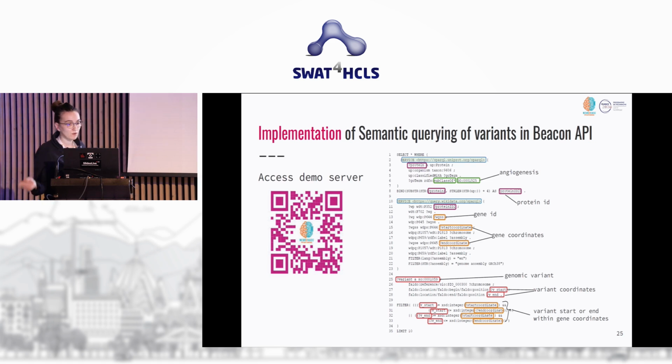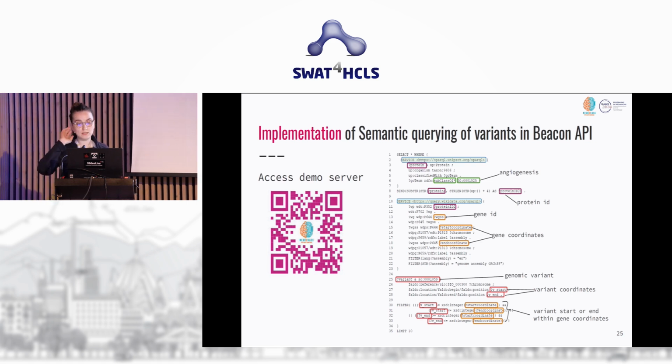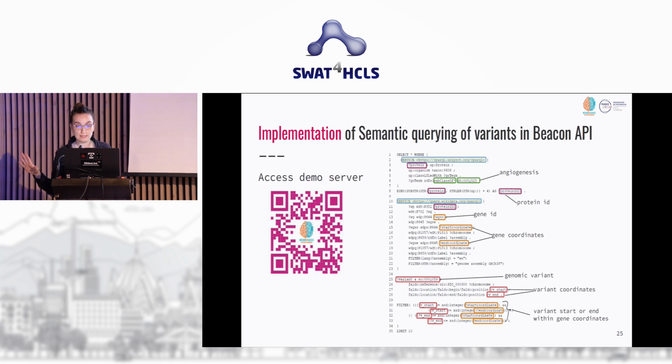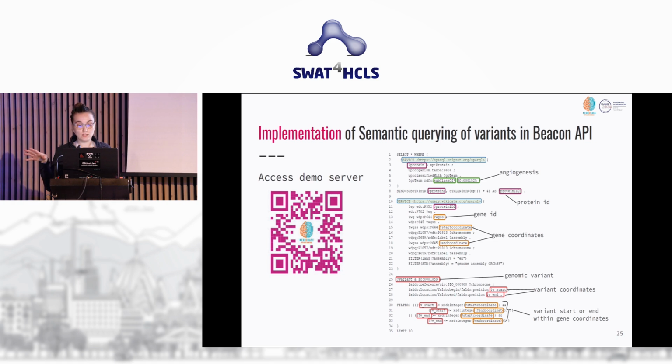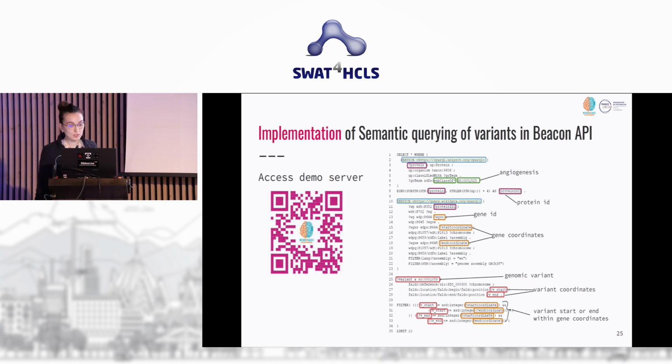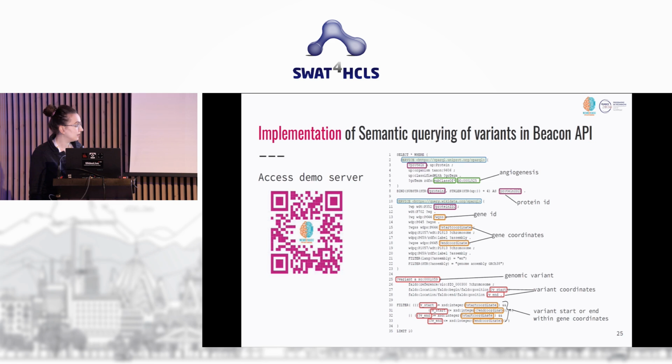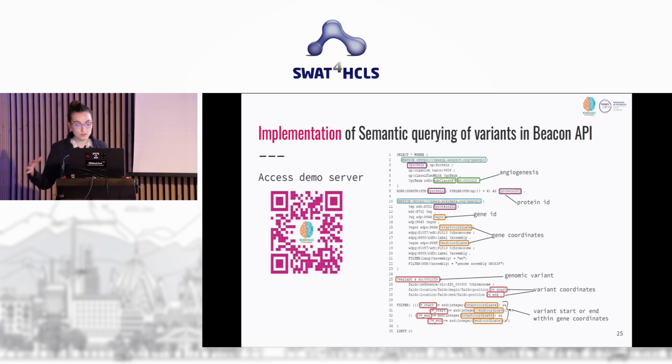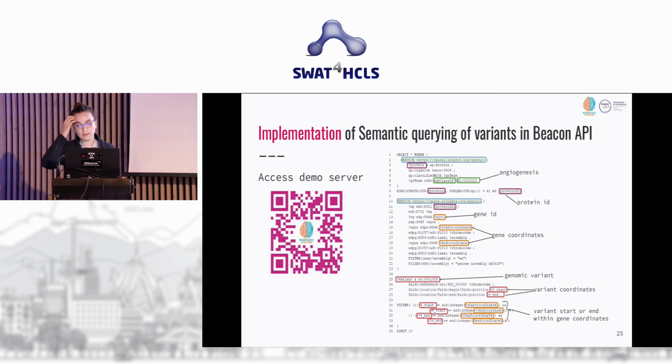Everything from line 1 to 23 is the green portion that was already possible thanks to existing solutions: just retrieving the gene coordinates of genes coding for proteins involved in angiogenesis. And then we additionally retrieve, here in red, the genomic variants found inside of our Beacon API.